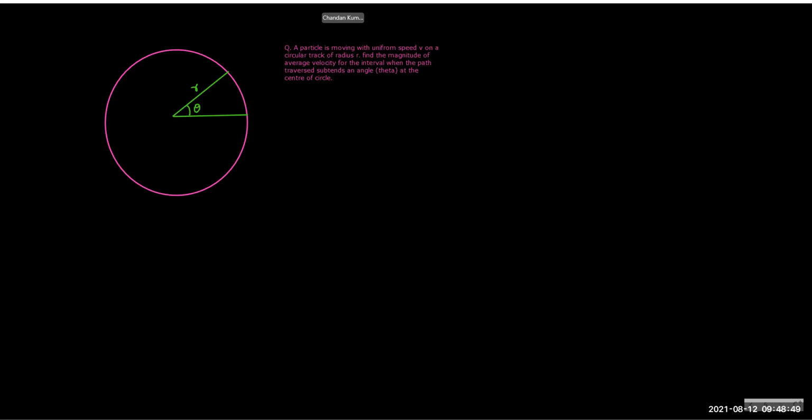You're supposed to find the magnitude of average velocity. What is the definition of the magnitude of average velocity? You have to begin from there. Did you write the formula first? What is the formula for average velocity?